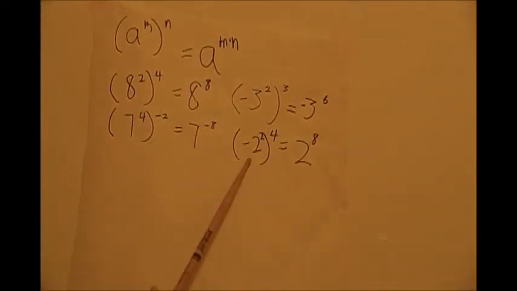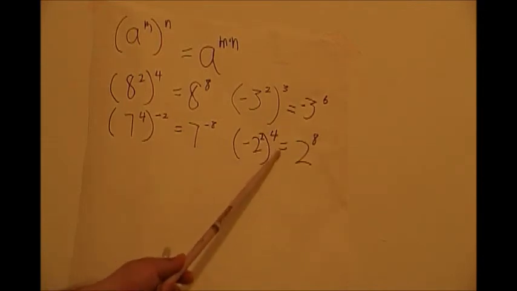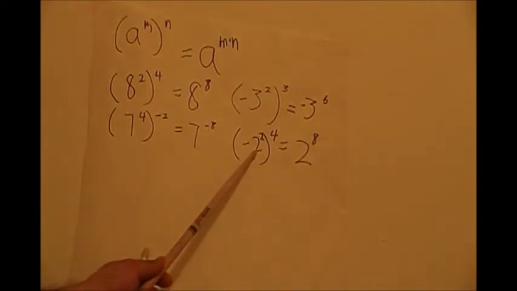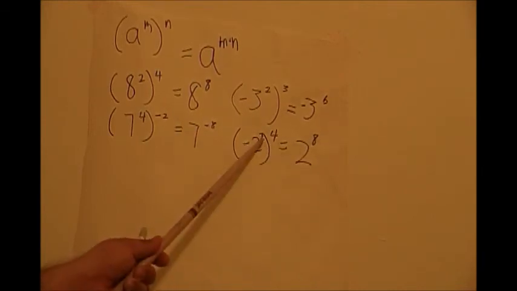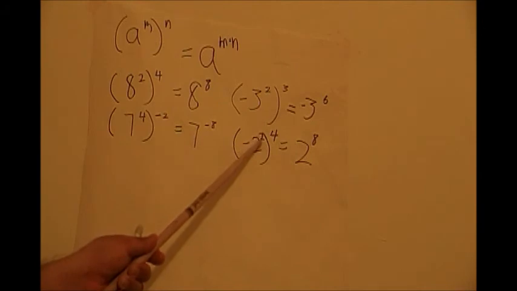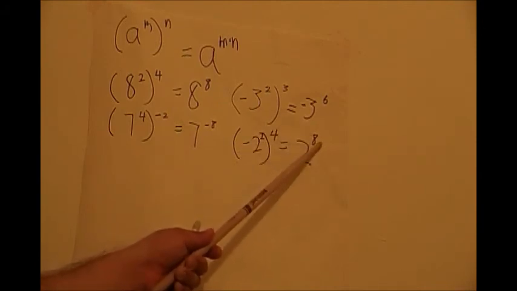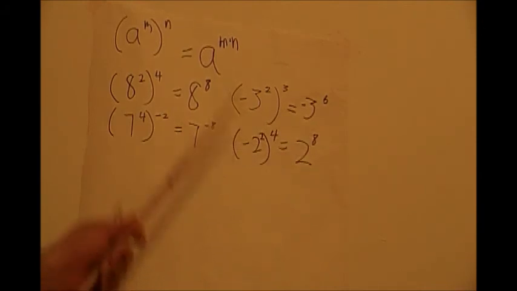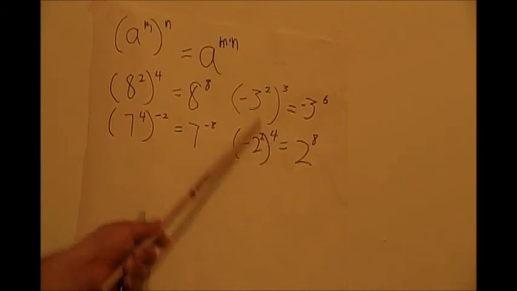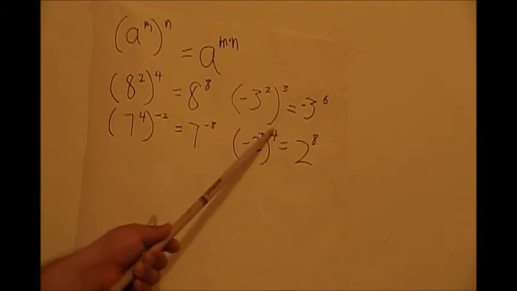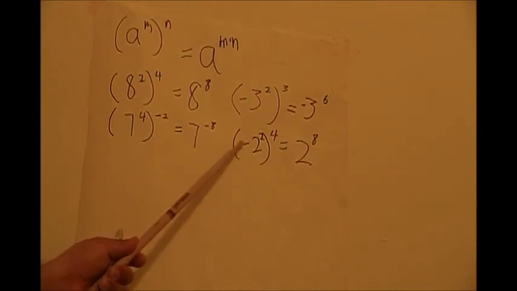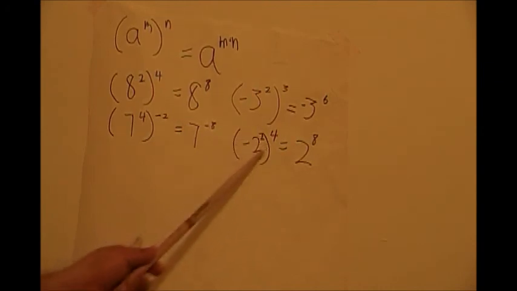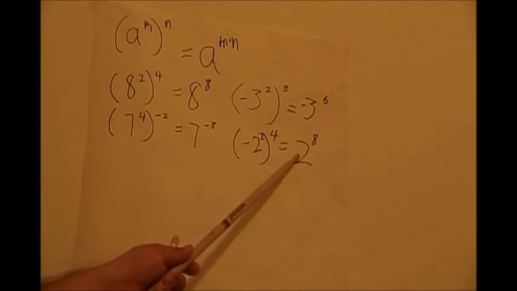What about this one? This is negative 2 squared to the fourth power. Well, we work it out the same way. So it's going to be 2 to the 2 times 4. 2 times 4 is 8. However, when you have even numbers for n, 2, 4, 6, 8, and so forth, the result is going to become positive, okay?